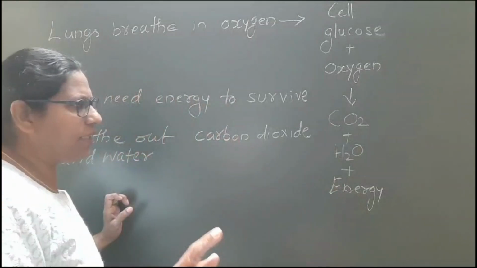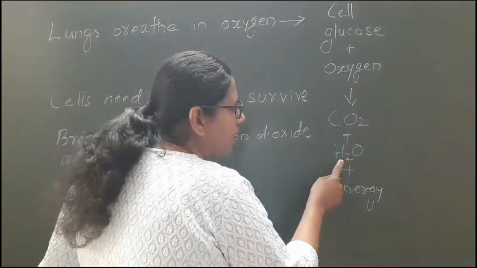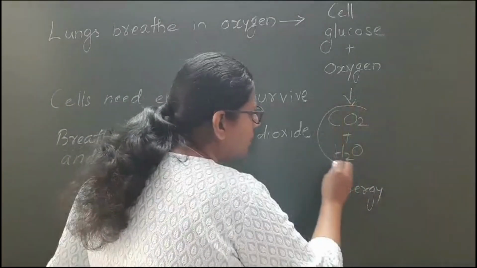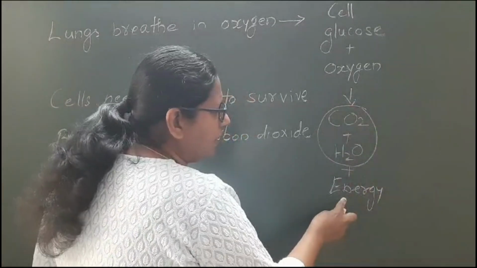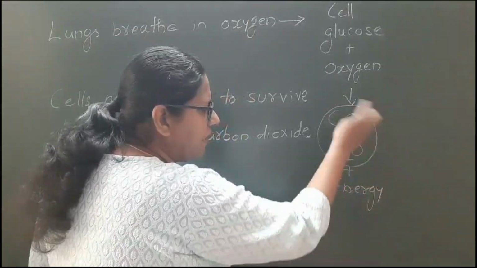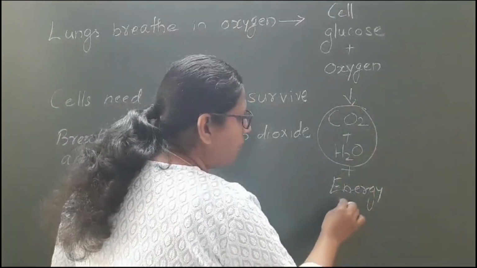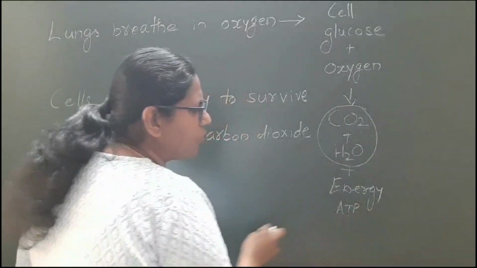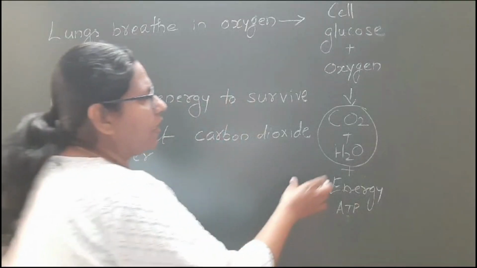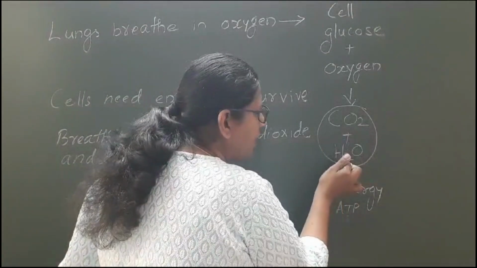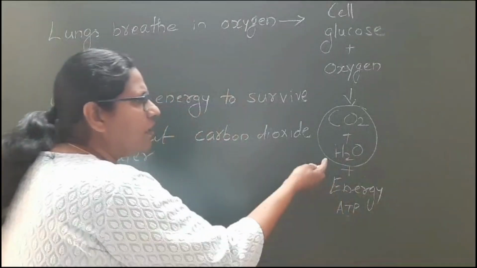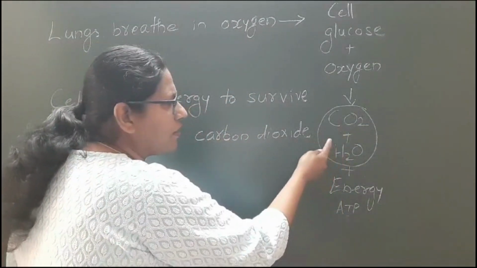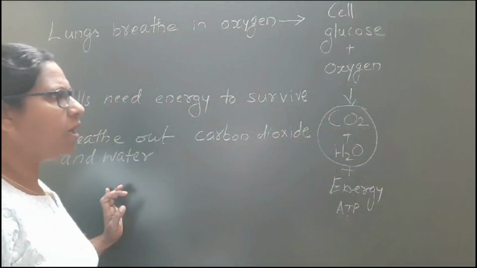The cells don't need carbon dioxide and water. They need energy. That energy they store in the form of ATP, which is adenosine triphosphate. The carbon dioxide and water they don't need are released from the body when we breathe out.